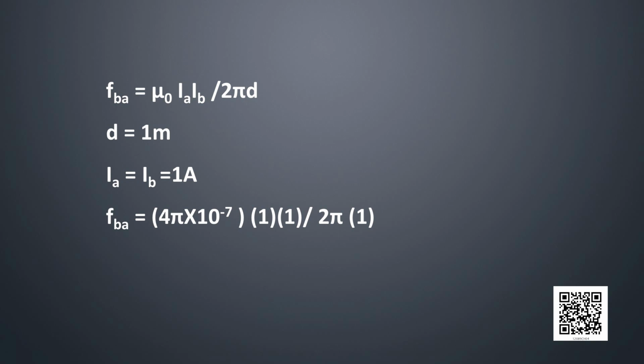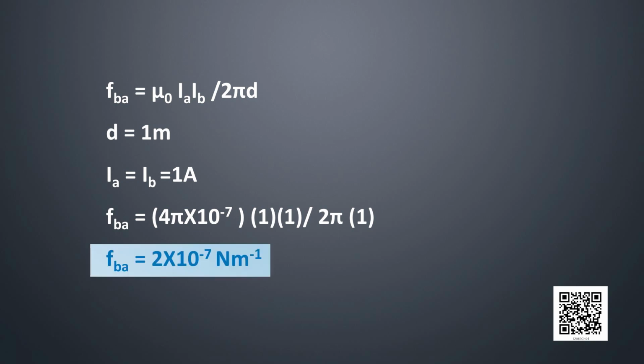D is equal to 1 meter. So, on solving it, I will get force on B due to A per unit length equal to 2 multiplied by 10 raised to the power minus 7 newton per meter. This is the magnitude of fBA.